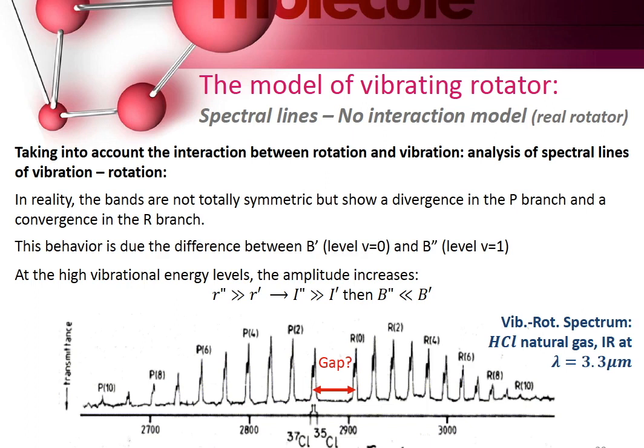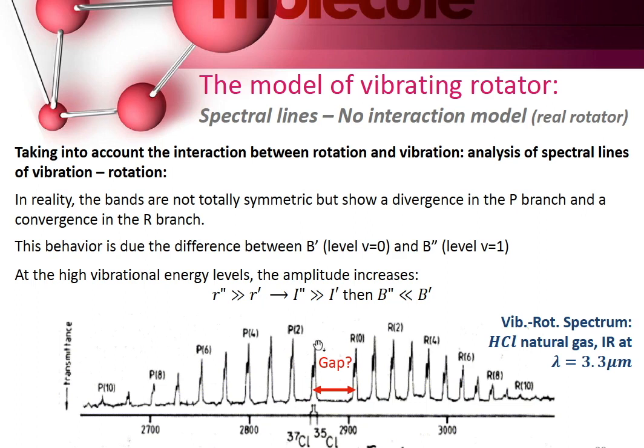Why? Because when high vibrational energies are reached, so if the molecule is vibrating at higher energies of vibration, the amplitude increases differently between the different levels, which would lead to a different value of B, meaning that the ridge band and the pool band will see a different spacing between their lines, due to the fact that the B constant of the rotational energy would not be the same for the same levels of vibration energy.